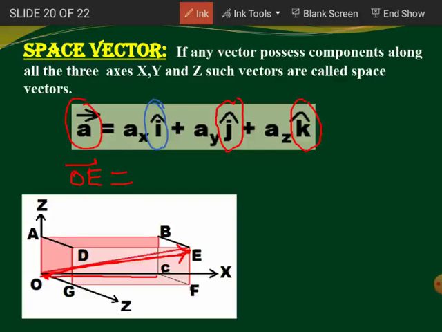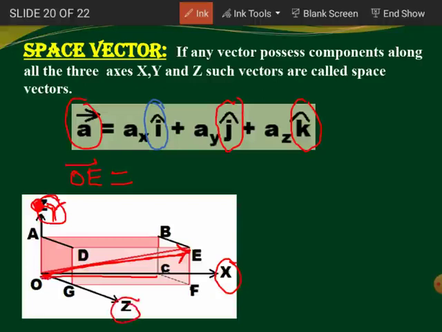I'm sorry, instead of this, it should be y-axis. While making it, it was wrong, so it should be y-axis and this should be z-axis. You will see x-axis here, y-axis, z-axis, right?